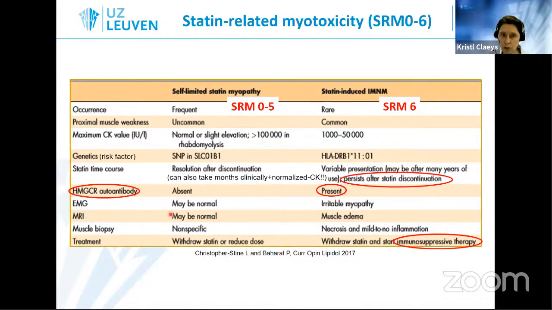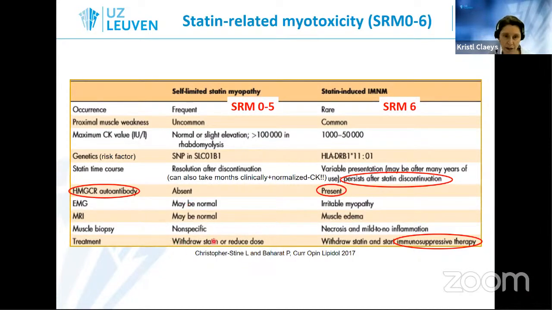EMG and MRI can be normal. EMG is usually normal in SRM 0 to 5, but will show an irritable myopathy, so myogenic changes with some spontaneous fiber activity, and will show muscle edema on MRI of the muscles in SRM6.